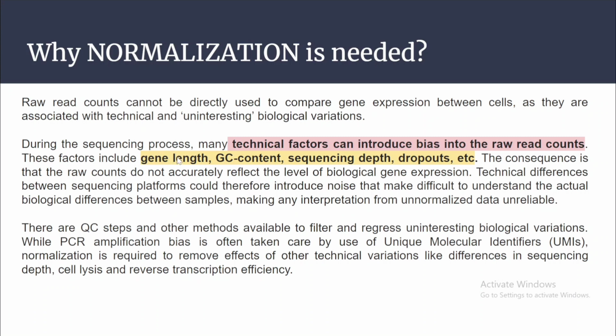During the sequencing process, there are many technical factors which introduce bias in your raw read counts. These technical factors are like gene length, GC content, sequencing depth, dropout, etc. So these are the factors which introduce bias in your data, and as a result, the raw data does not reflect the level of biological gene expression accurately.